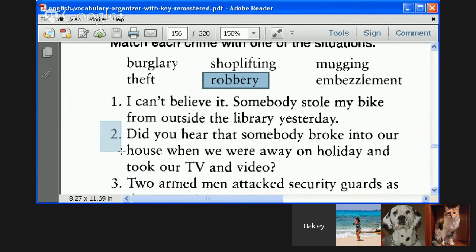Okay, Max, number 2. Did you hear that somebody broke into our house when we were away on holiday and took our TV and video? It's, as you said, burglary. That's burglary, exactly.